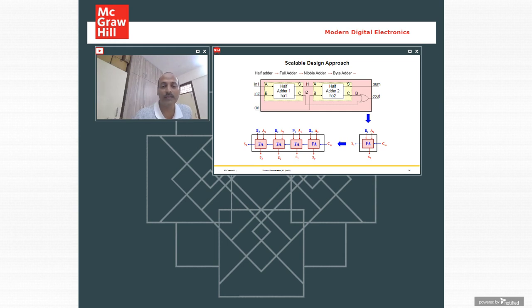Okay, and in short I have shown the symbol of half adder in this downside block, small block, full adder. Okay, and then we can use this full adder block to cascade it n number of times to generate n number of bits addition. Okay, so such scalability we need to look at in the first stage itself.